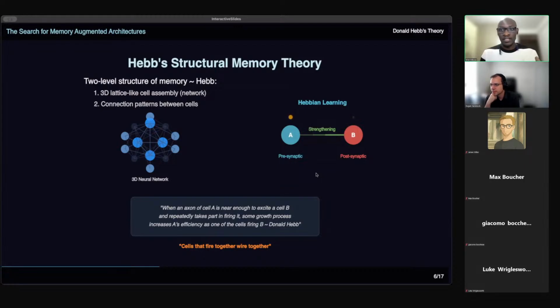If it's strong enough, then the signal will pass through. If it's weak, then it gets blocked. It's a signal processing mechanism which blocks system noise from passing through the system.